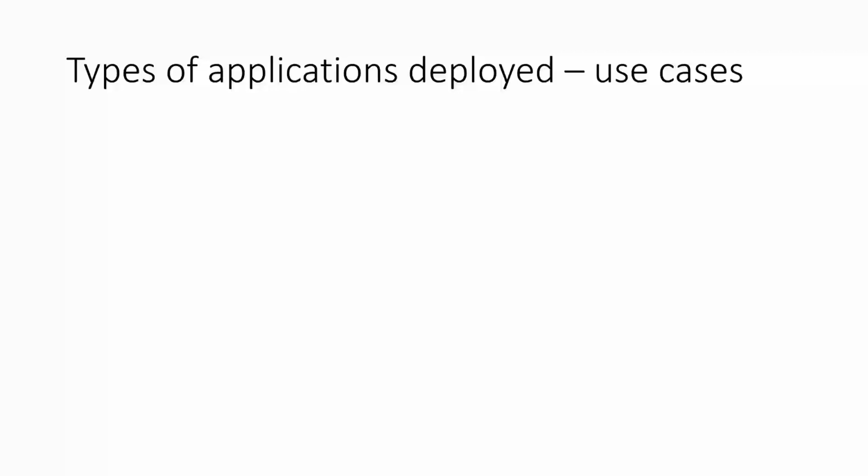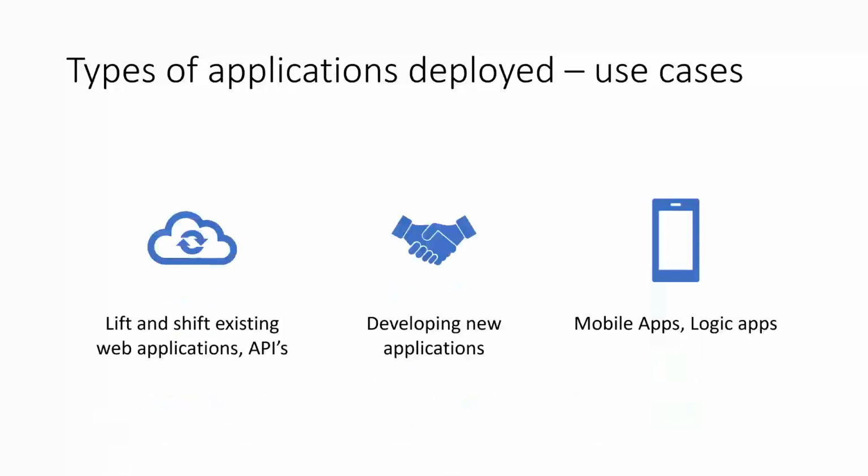Now we will talk a little bit about what kind of applications are suitable to be deployed as Azure Web Apps. So any existing applications that cannot be containerized and need to be migrated to the cloud are most popular use cases for Azure Web Apps. This includes any existing web applications that are containing the front end, APIs, or just any backend services. And think about this.